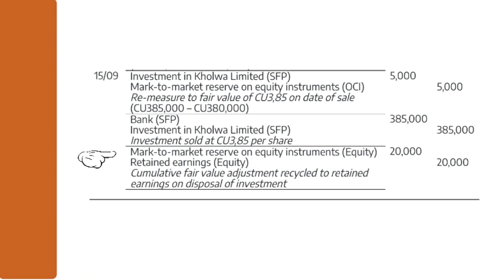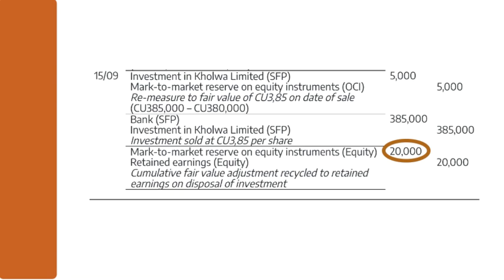So you need to go and calculate what is the total cumulative balance in mark-to-market reserve. You need to have a look in that column in the statement of changes in equity. What is currently in there? That entire amount gets recycled, taken out of the mark-to-market reserve on equity instruments, moved to retained earnings.